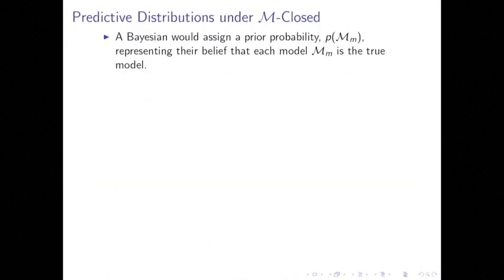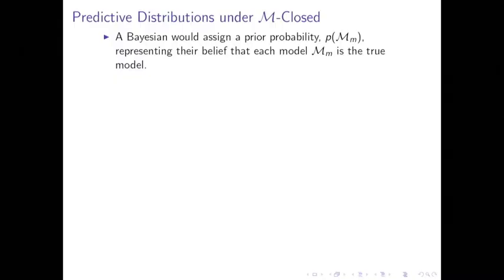So we'll start with the fiction of the M-closed perspective. That still works well in many cases, but we'll talk about some of the limitations and then go on to the more realistic cases. So if we were going to try to address uncertainty from a Bayesian perspective, for a Bayesian, everything that is unknown, we would express that uncertainty about it using some prior distribution.